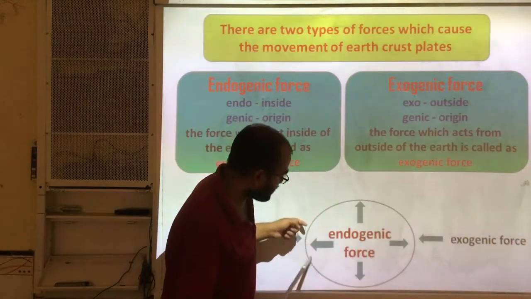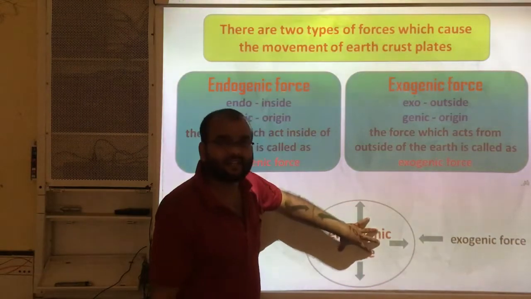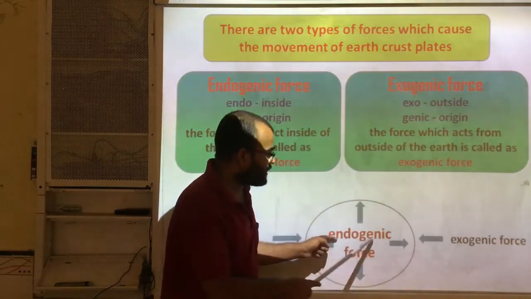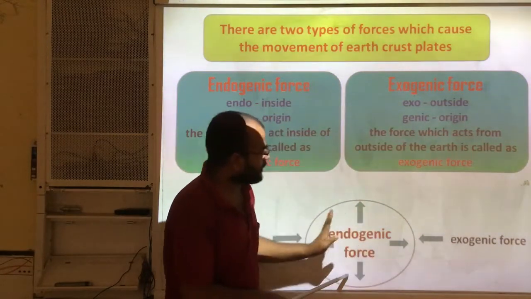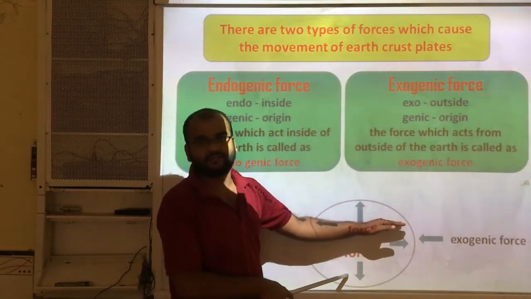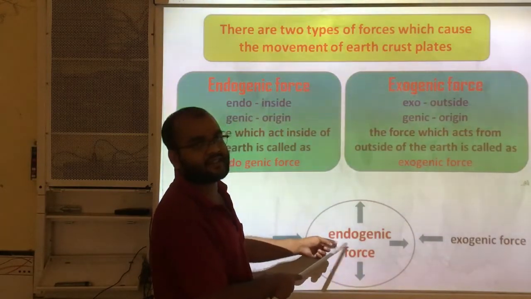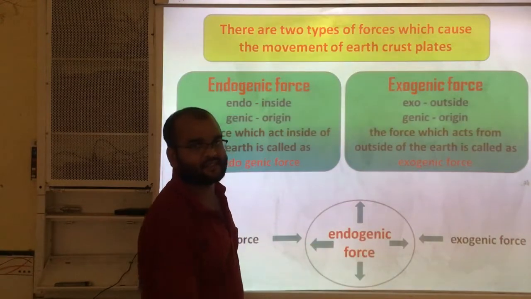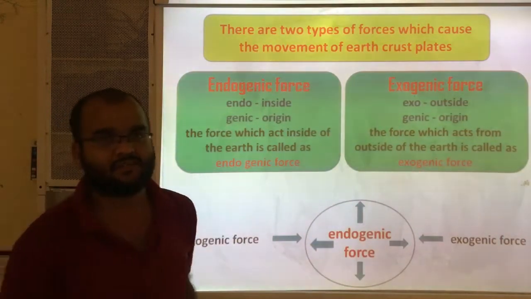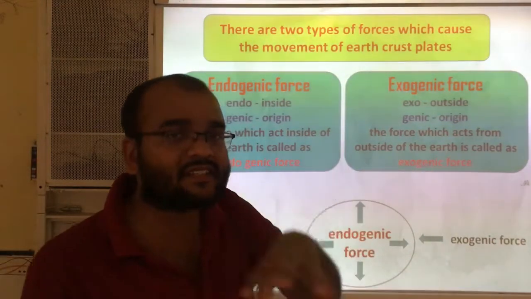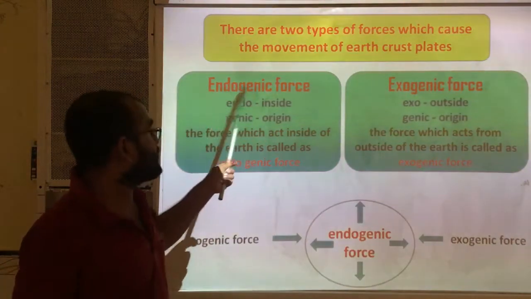Let us consider this shape as the earth, and some forces are applied on the plates from the inside. These forces are called endogenic forces. Endo means inside, genic means born or origin. Some forces are born inside the earth crust. That's why they are called endogenic forces.